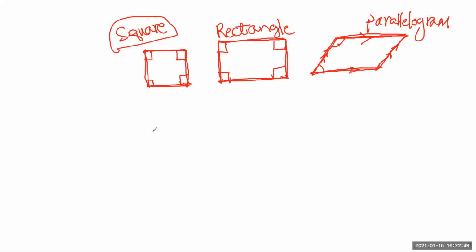And we also have something like this. Do you guys remember what it's called? We have parallel lines, but they are not congruent.